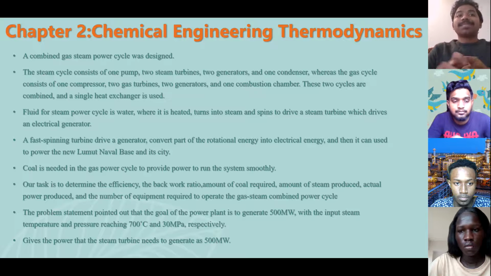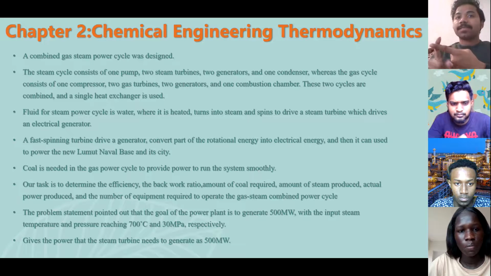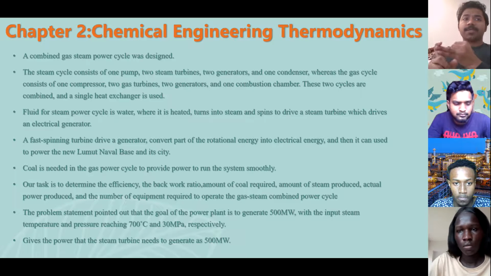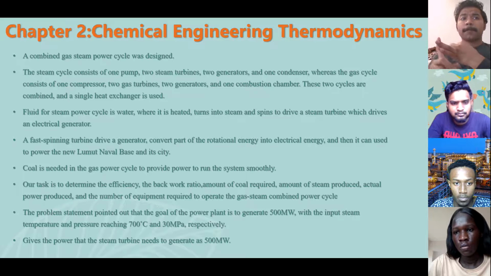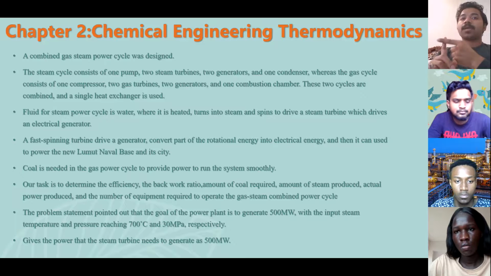Then the problem statement pointed out that the goal of the power plant is to generate 500 megawatts, with the input steam temperature and pressure reaching around 700 Celsius and 30 megapascals respectively. Lastly, the steam turbine needs to generate 500 megawatts.